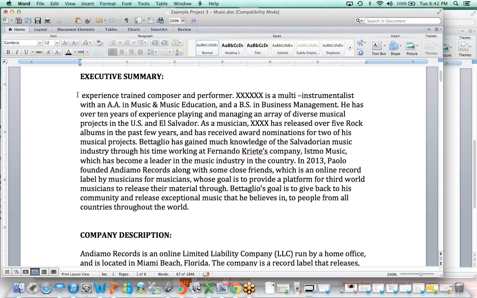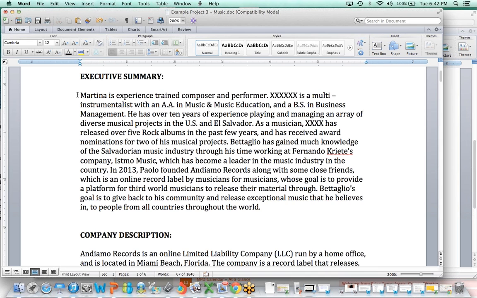It sounds weird, but you would actually write "Martina is an experienced trained composer." So you talk about yourself in the third person. It's a little bit weird to do, but that's the standard format for business documents, right? You do it in third person. Same thing pretty much with most business documents, right? You're going to talk about yourself in the third person.